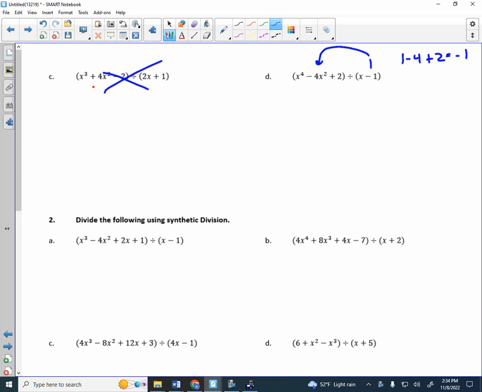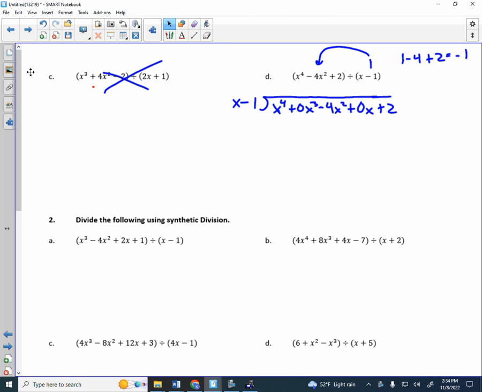I put the x minus 1 on the outside. What goes underneath? 0x cubed. 0x plus 2. Good. So we got a couple of placeholders in there. What do I multiply x by to get x to the 4th?